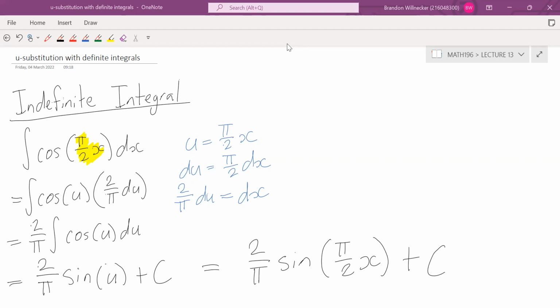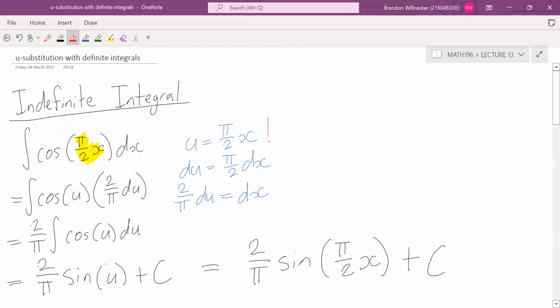So today we're going to finish off U substitution. We've spent a lot of time looking at indefinite integrals, and I just have a classic example here with U substitution. We have the integral of cos(pi/2 times x). Now we can't do this right away because we know how to integrate cos(x), but we don't know how to integrate cos(pi/2 times x).